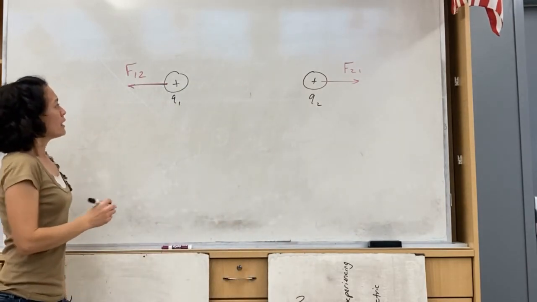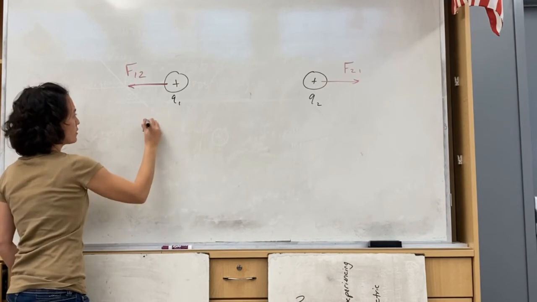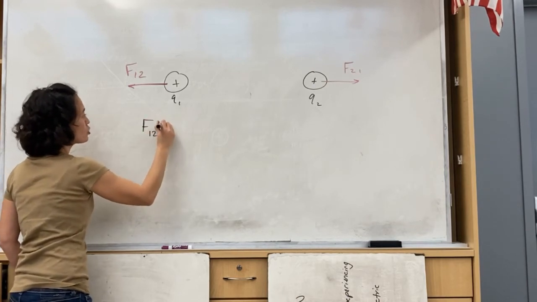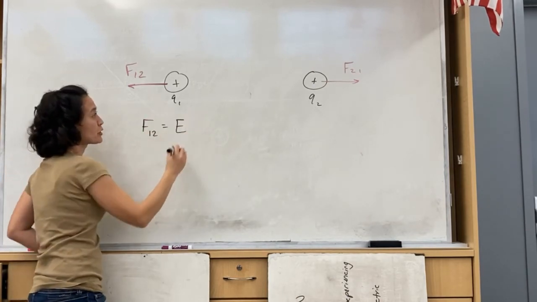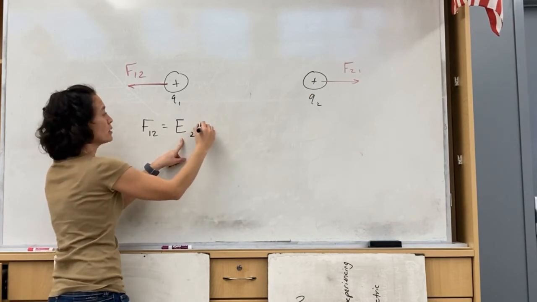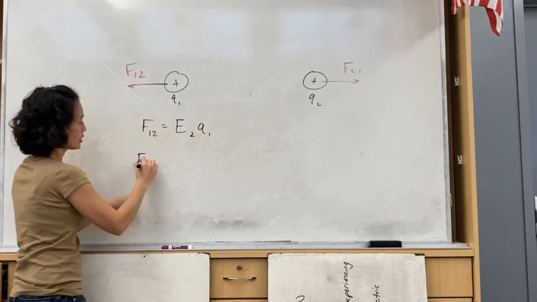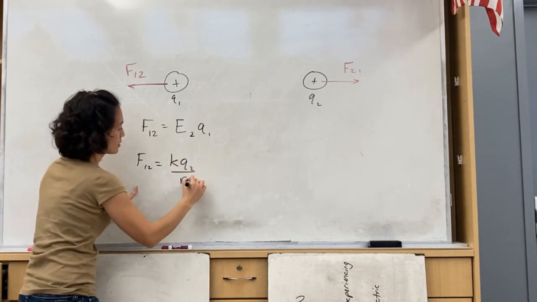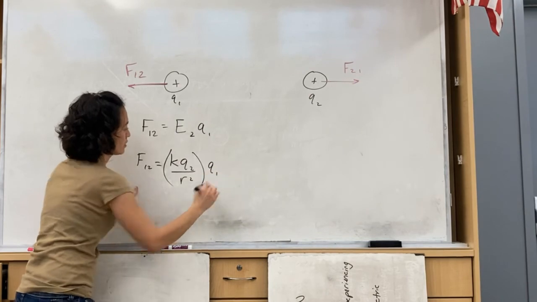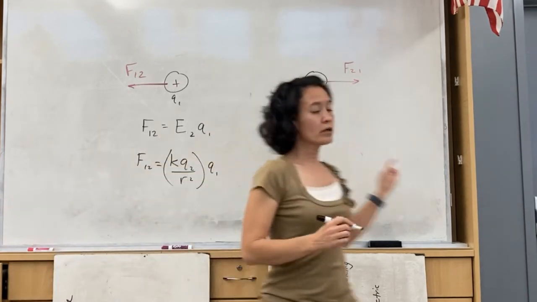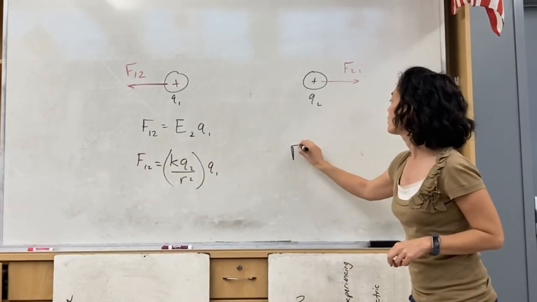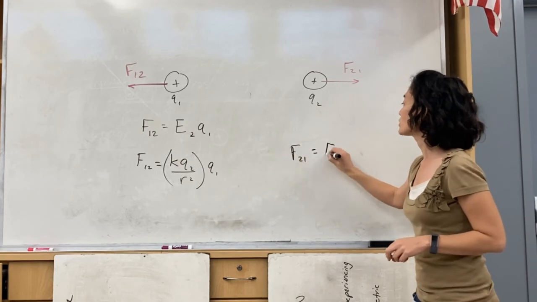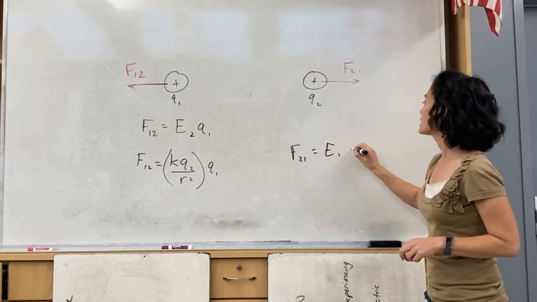So if I think about this, this F12 would be equal to the electric field from particle 2 times Q1, which mathematically comes out to be, and then over here, this would be F21, the electric field of particle 1 acting on Q2.